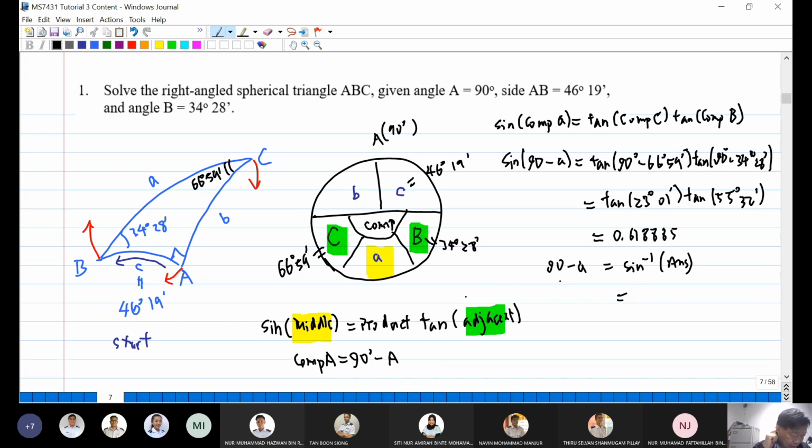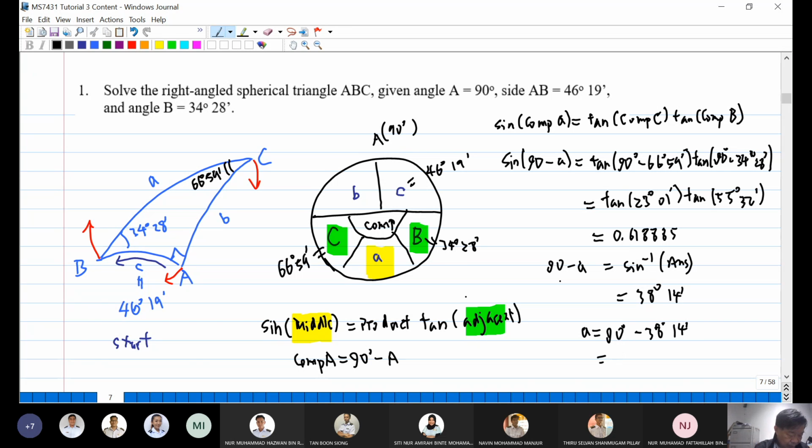So sine inverse answer here, shift sine inverse answer, which is 38 degree 40 minutes here. So A is equal to 90 degree minus 38 degree, 40 minutes here.